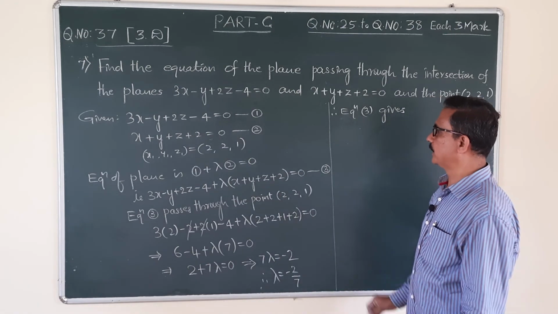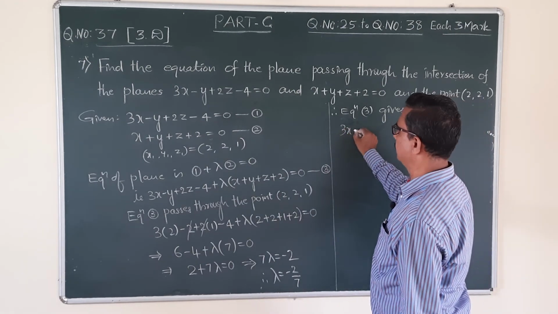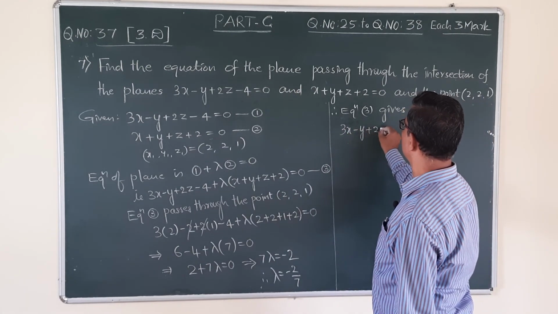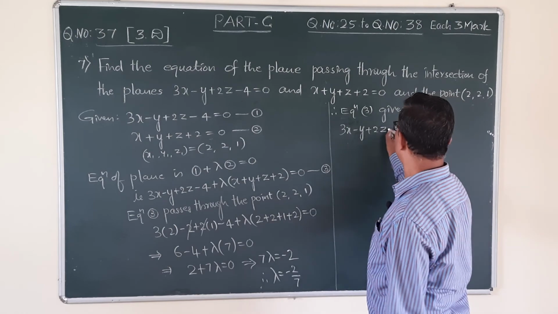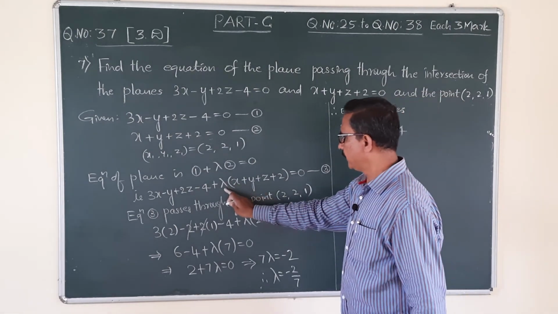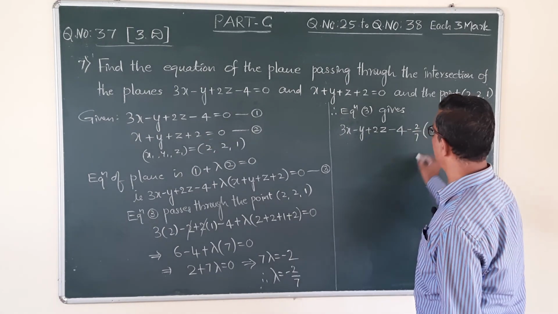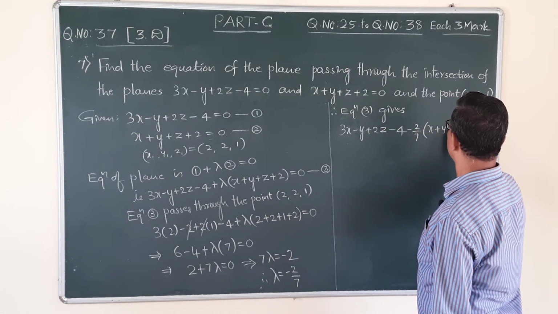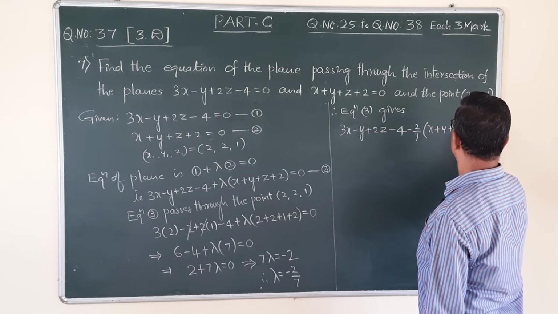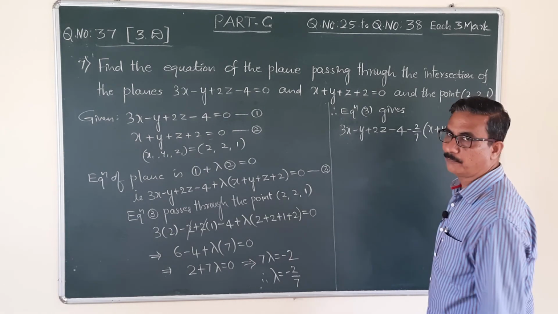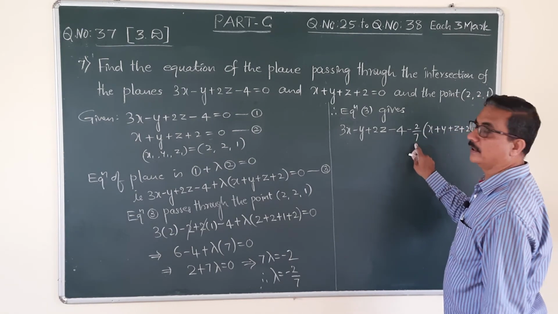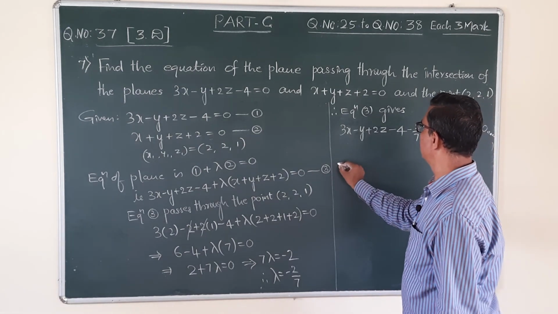What is equation 3? 3x minus y plus 2z minus 4 plus lambda, lambda value minus 2 by 7, into x plus y plus z plus 2 is equal to 0. Now here take the LCM. LCM is 7.